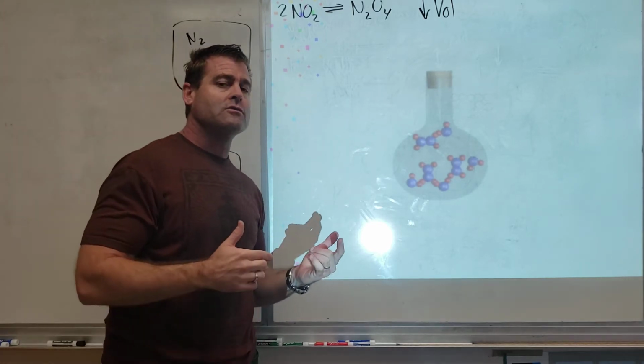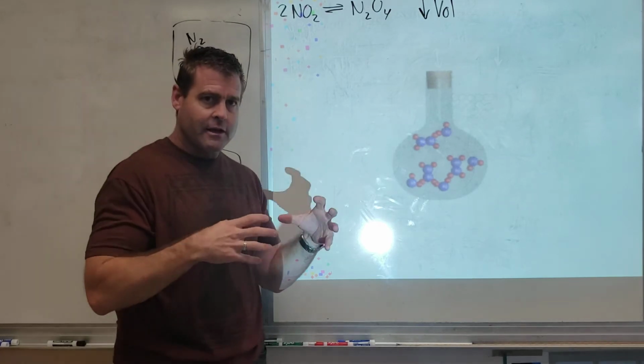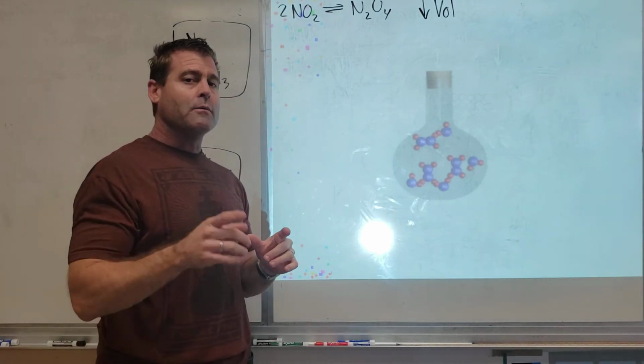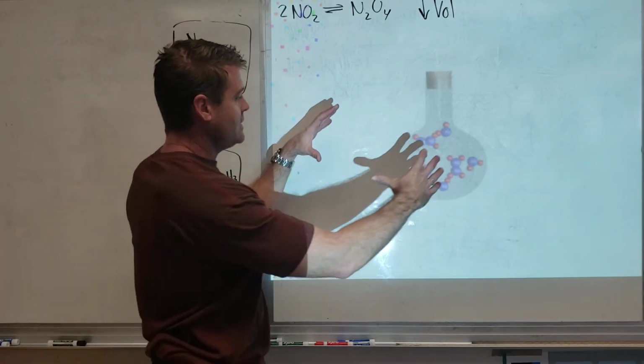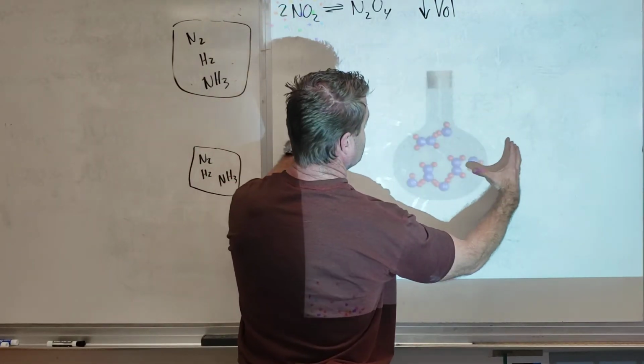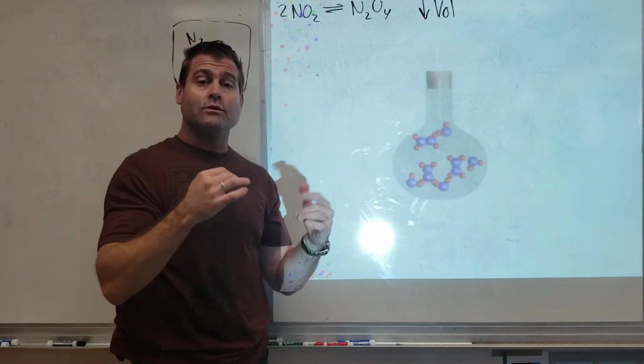More gas molecules or less gas molecules? You agree, the more gas molecules you have in a confined area, the greater the pressure. But remember, it's going to shift in such a way to lower the pressure in response to the increased pressure. Remember, when we decrease the volume, we're increasing pressure. Le Chatelier's predicts it's going to shift in such a way to reduce pressure.